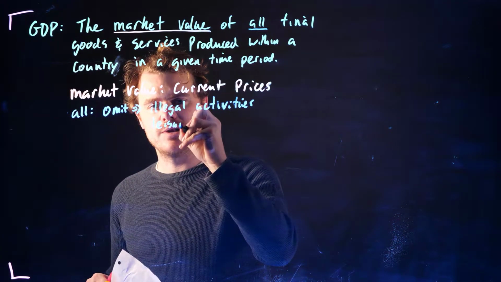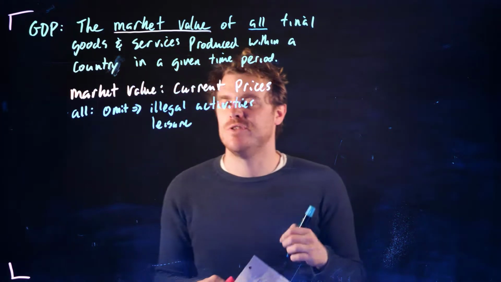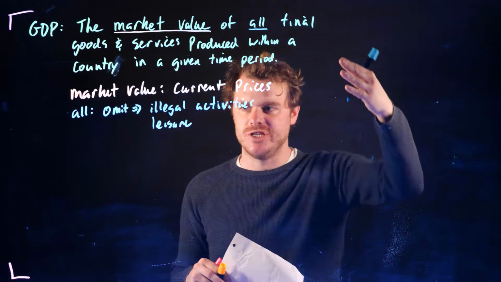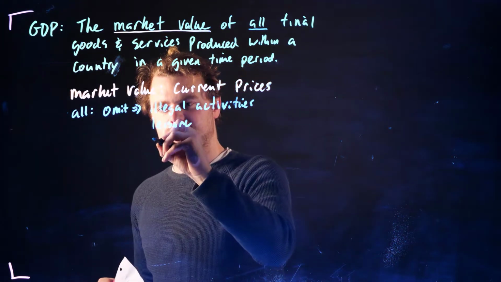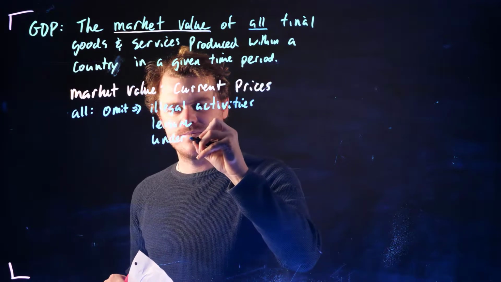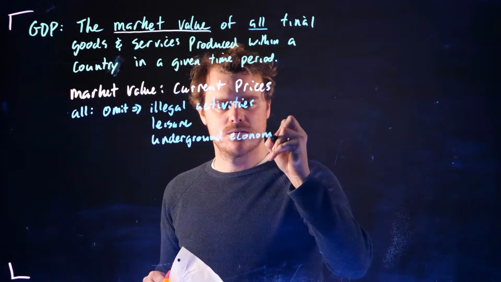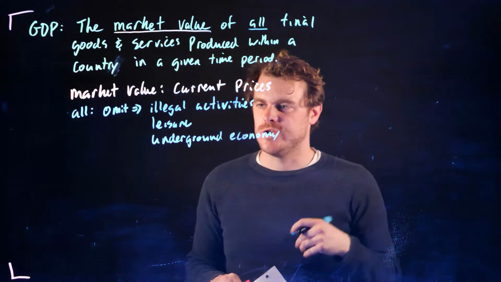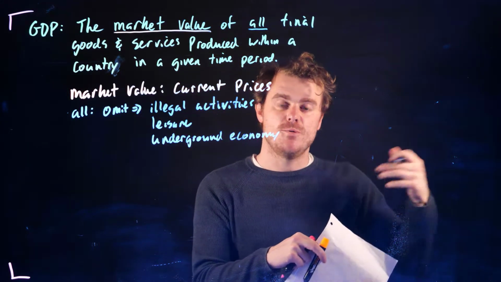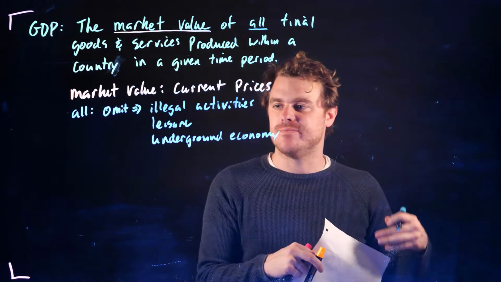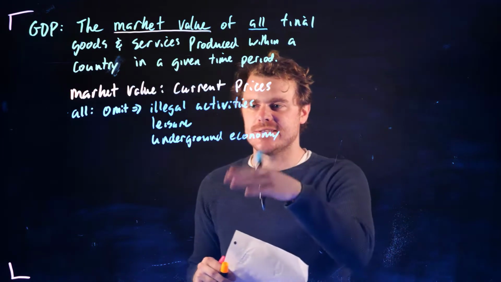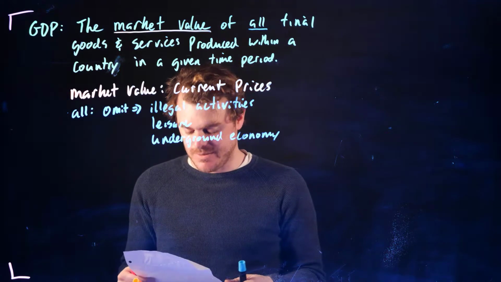We might value leisure, but even though we value it, it's not going to be included in GDP. It's not going to include the underground economy. So when you just pay cash and you don't pay taxes on something, things like that, that's not going to be included in GDP.